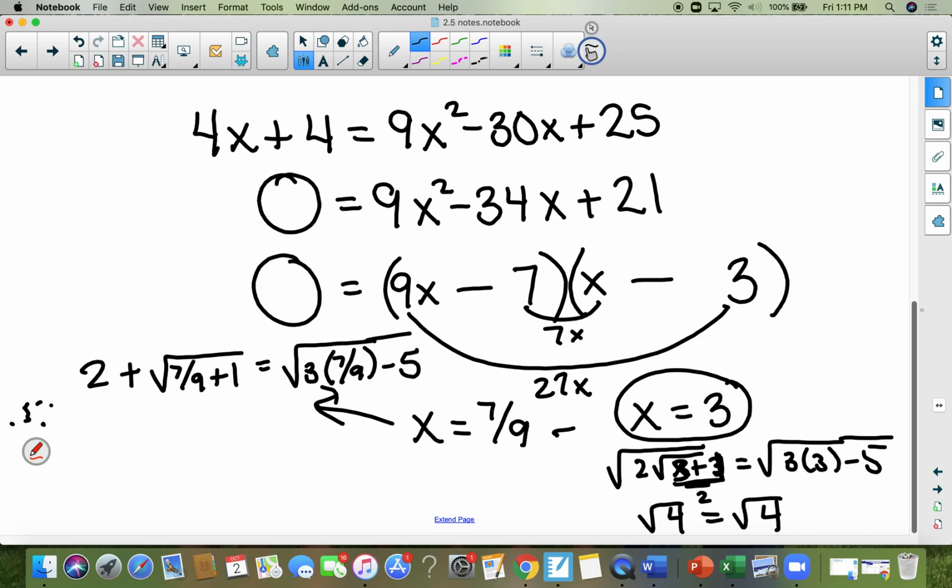This is going to end up being an imaginary number. This is going to end up being an irrational number. There's no way that they're going to equal each other. Without even finishing the problem, you cannot keep 7/9 as your answer. So there you go. Those are the notes for 2.5.